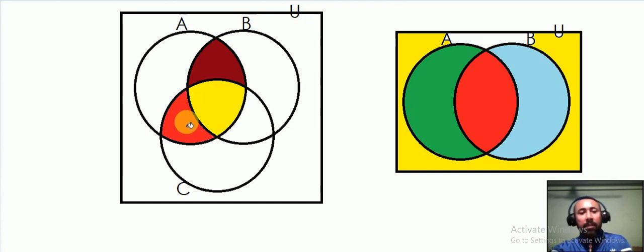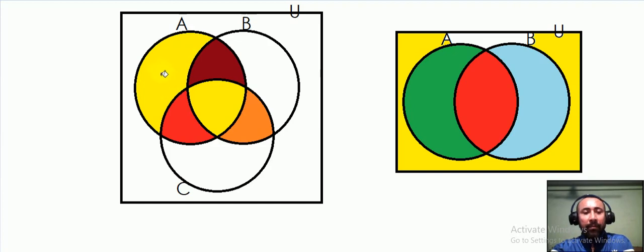Now the next region is n not A intersection C. Again the whole region is A intersection C, and from here we have taken out A intersection B intersection C. So the remaining one is n not A intersection C. So the next one is n not B intersection C. That's another region.